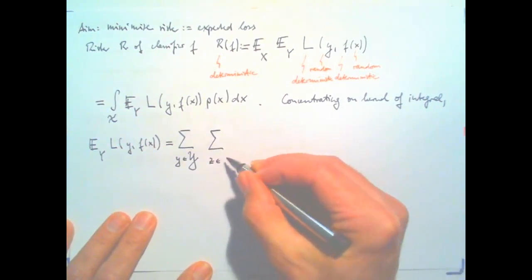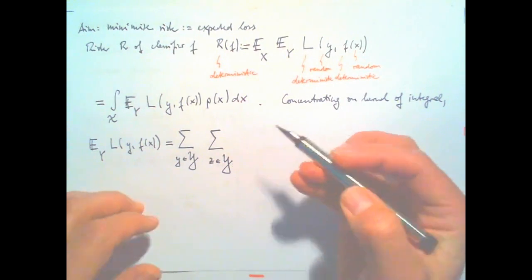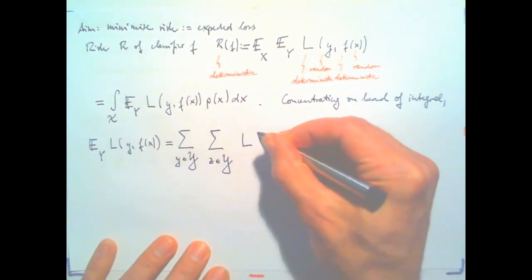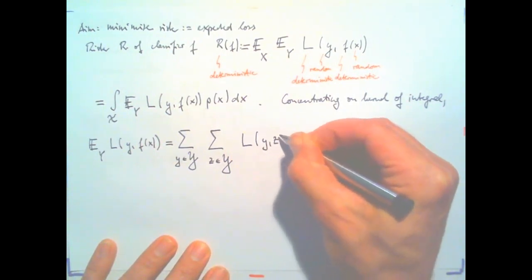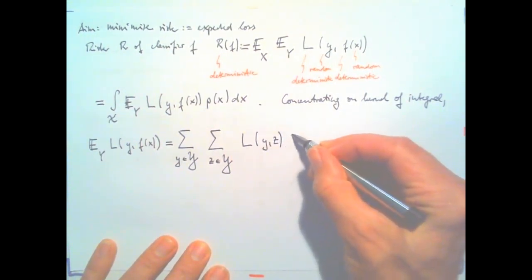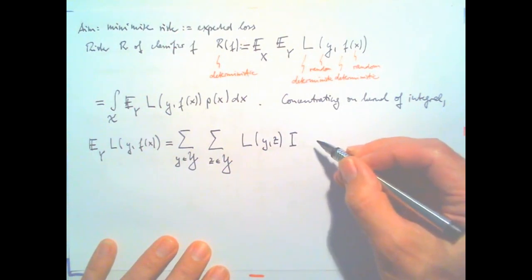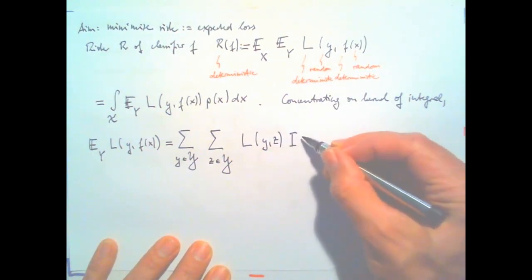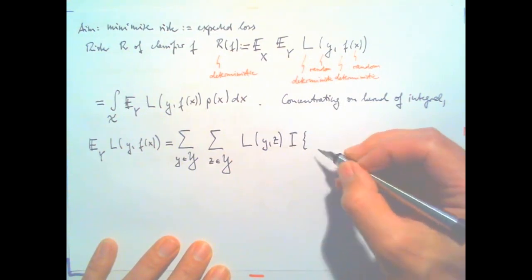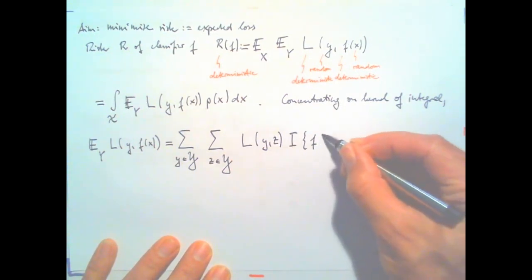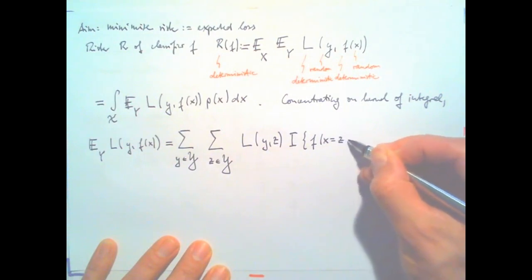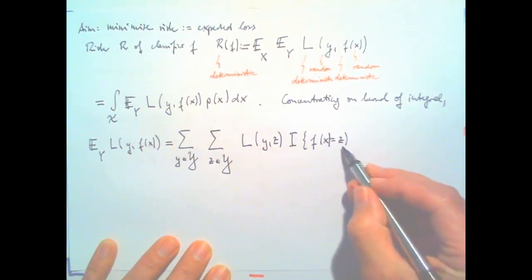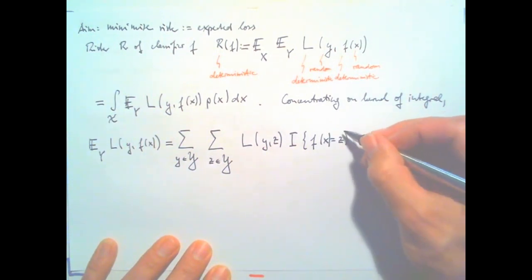So that's Z. And then have the loss function. And then I need to pick, this here is an indicator function, or let me write it like this. It's an indicator function that ascertains that my prediction at location x is indeed z.